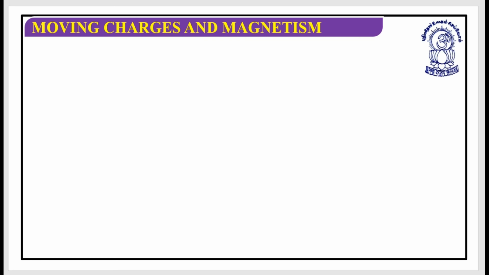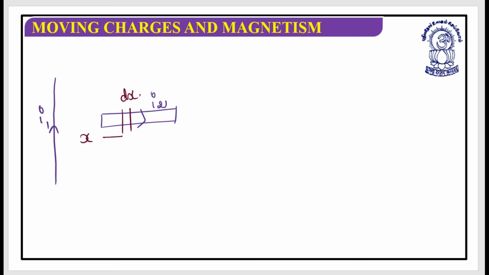Let's assume that this is the infinite wire, the current is I1, and this is a finite wire through which the current I2 is flowing. Suppose I choose a certain segment whose width is dx, kept at a distance x from the infinite wire.